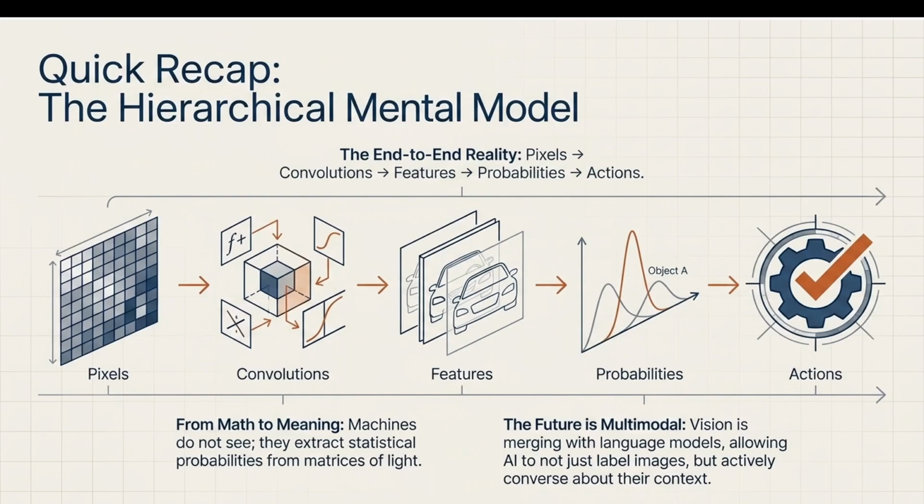Then the model learns the probabilities for different aspects of the images, and then we have the actions. The type of actions we perform depends on the problem we are going to solve. So the end-to-end reality is: pixels, convolutions, features, probabilities, and actions.